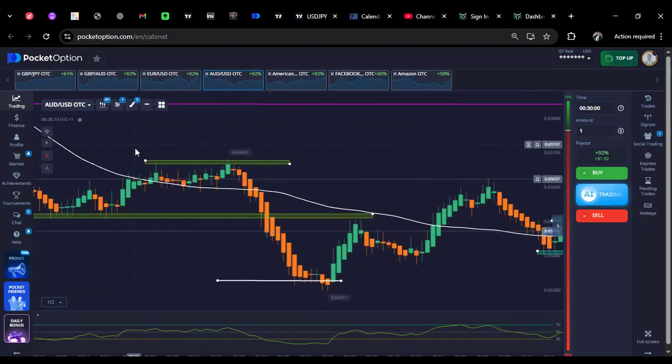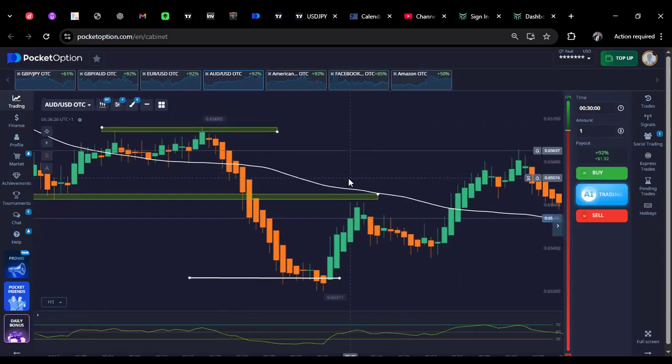First of all, we already established the fact that this is a resistance zone for us, and we're expecting a sell here. So for that first one, my entry was after the second candle. The market reacted after the second candle. That was my entry.